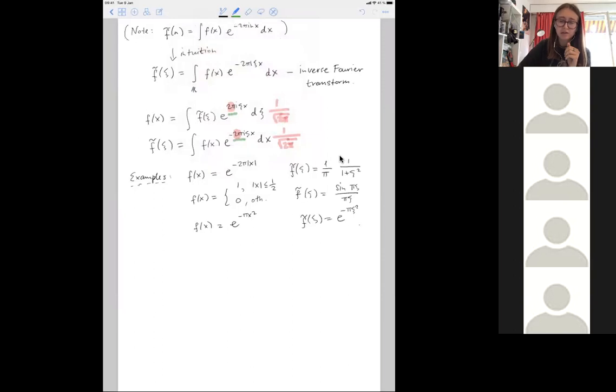In principle you can put any number instead of 2 pi, but the number that you put here would influence the coefficient that would end up here. So you can in principle do the Fourier transform not only with 2 pi, but just a random alpha.